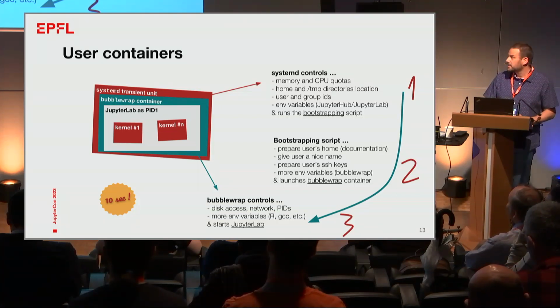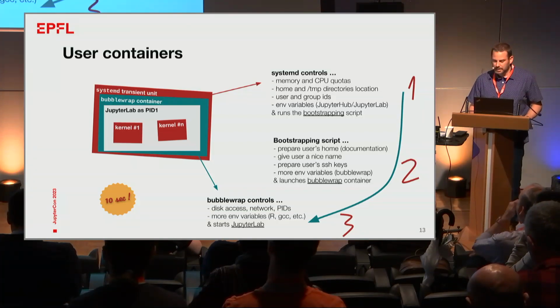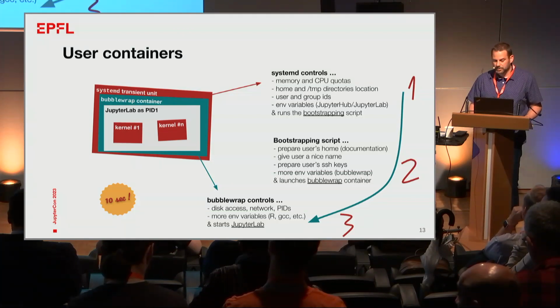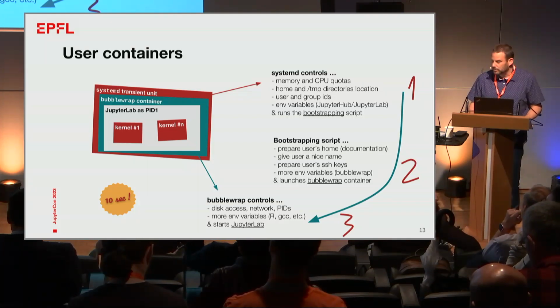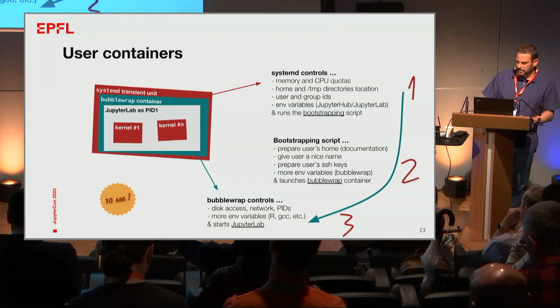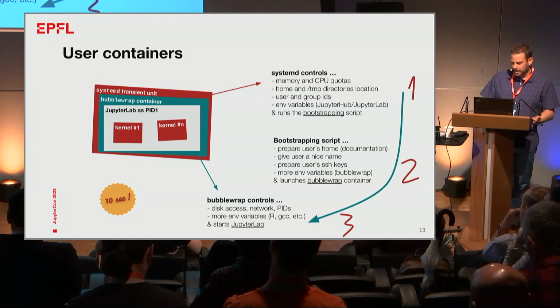As explained, the spawner launches the systemd unit that in turn launches a bubblewrap container that in turn launches JupyterLab for the user. So it's a series of embedded boxes that makes a secure and controlled container to execute the JupyterLab environment for the user. That's how it works.